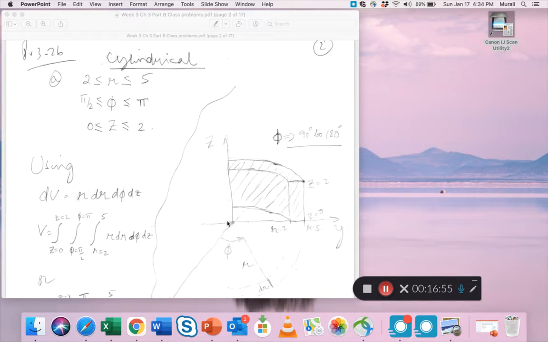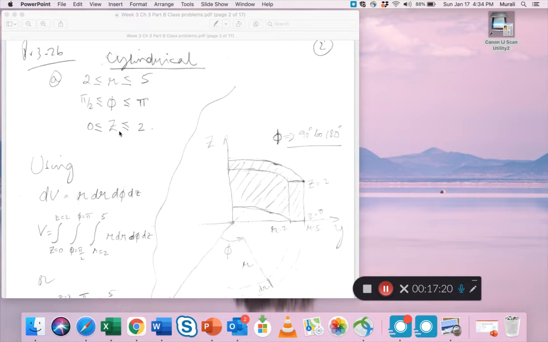Actually I think it should stop here where the negative x-axis is. So maybe this is a mistake. I shouldn't have drawn it here. I should have stopped here, at the back of the x-axis, right? So this portion I should not have included. Anyway, not a terrible mistake.